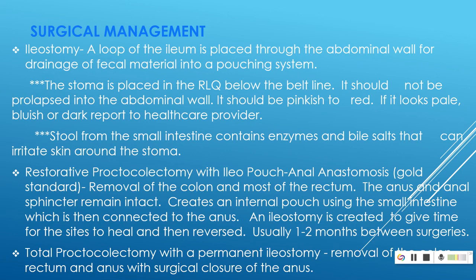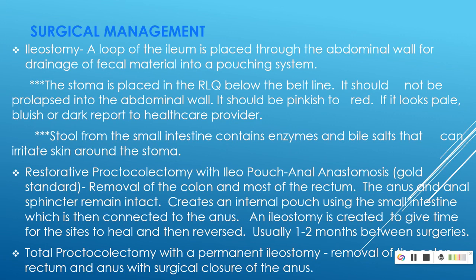Another surgical option is the restorative proctocolectomy with the ileo pouch and anal anastomosis. This is considered the gold standard, the surgery that would be done a lot for people who have ulcerative colitis so severely that it is affecting their lives, making them stay anemic all the time. What happens here is the removal of the colon and most of the rectum.